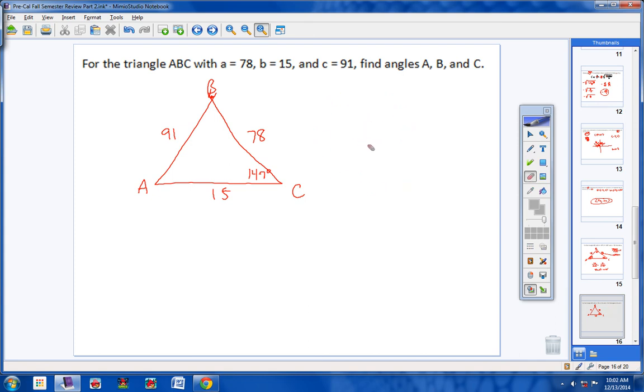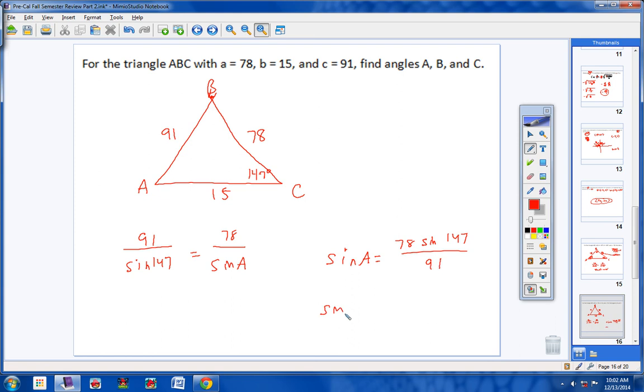Okay, now let's continue on. I have a pair, guys. That's real exciting. Now I can say 91 over the sine of 147 equals, we'll do angle A next, 78 over sine of A. So trust me, guys, if you cross multiply and divide, you'll get this. Sine of A equals 78 sine of 147 divided by 91.